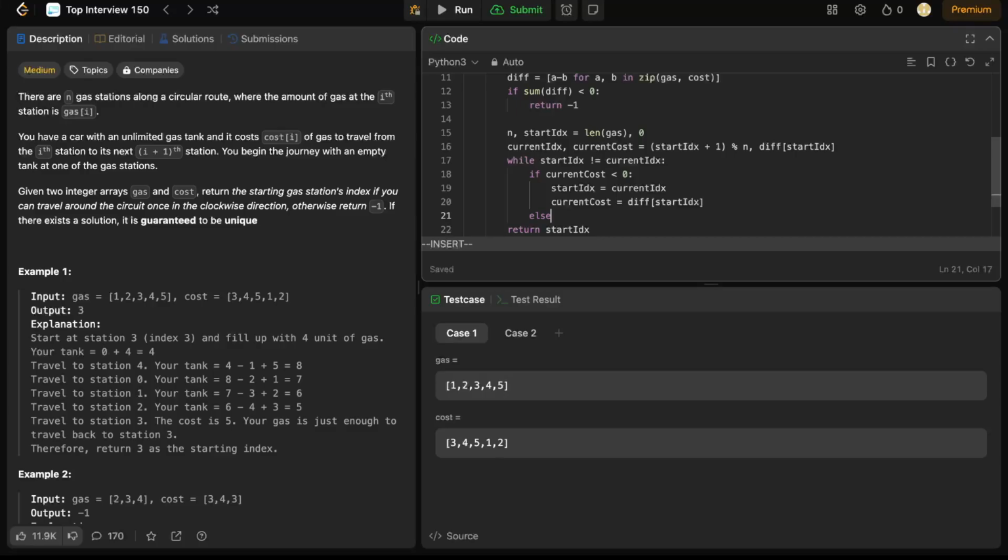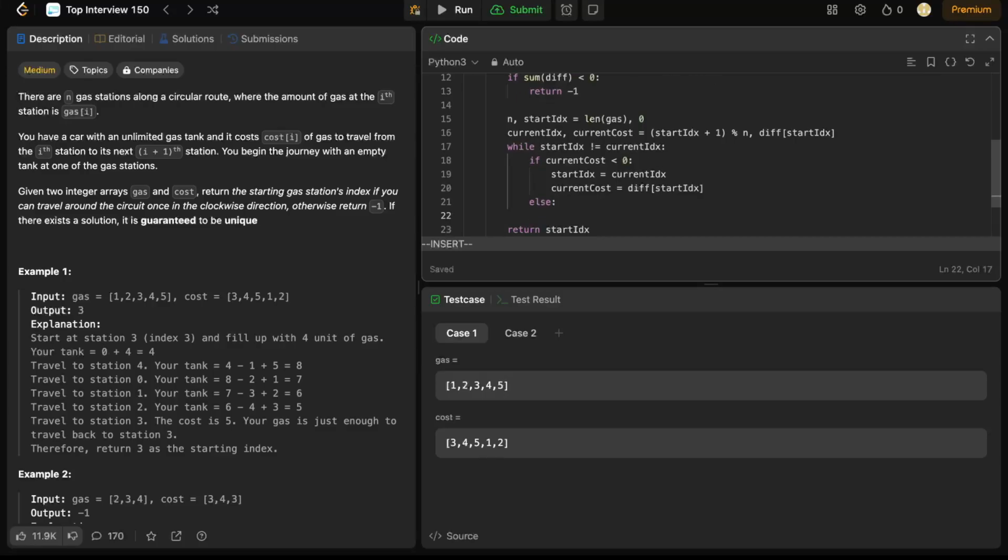And then otherwise, it is possible to be at the current gas station, and we need to update the cost accordingly. So current cost plus equals difference of current index.